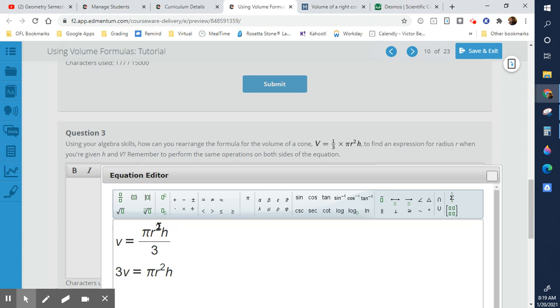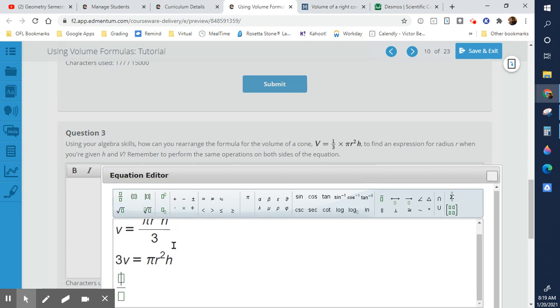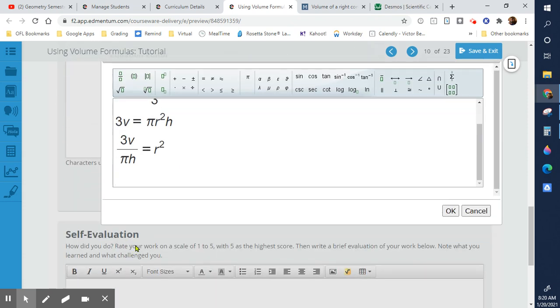So this becomes 3V over pi H, and this is equal to r squared. And then we want to find just r by itself.